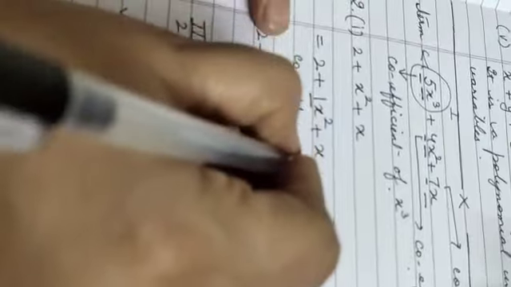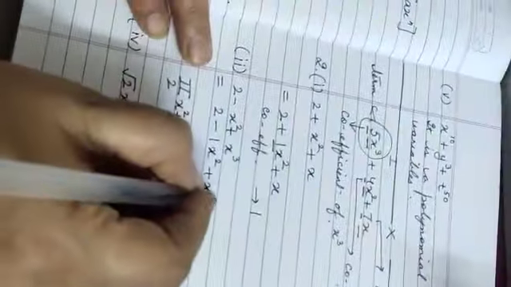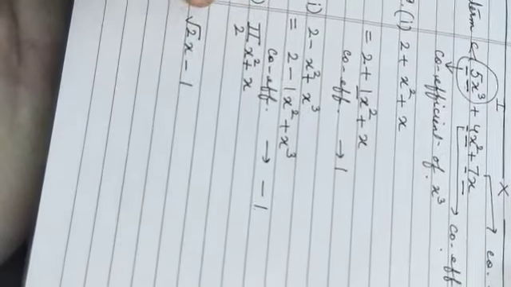So the coefficient of x square is 1. Now in the second part there is nothing written, but there is a minus sign. So we'll write minus 1x square plus x cube. The coefficient of x square is minus 1.